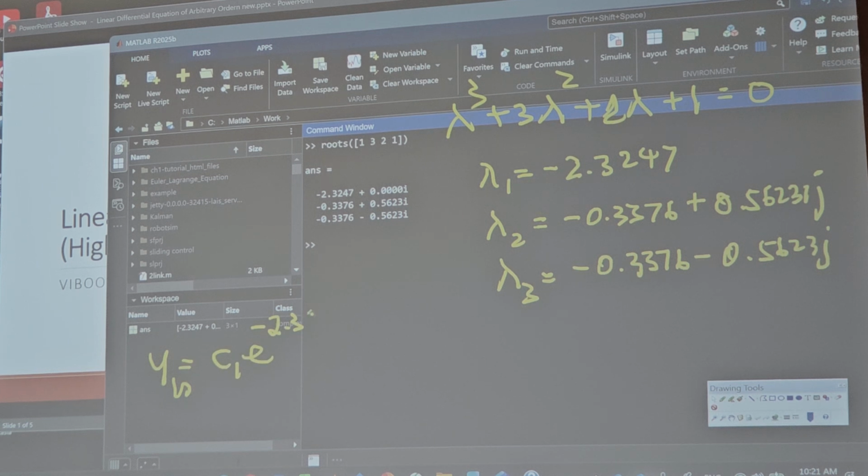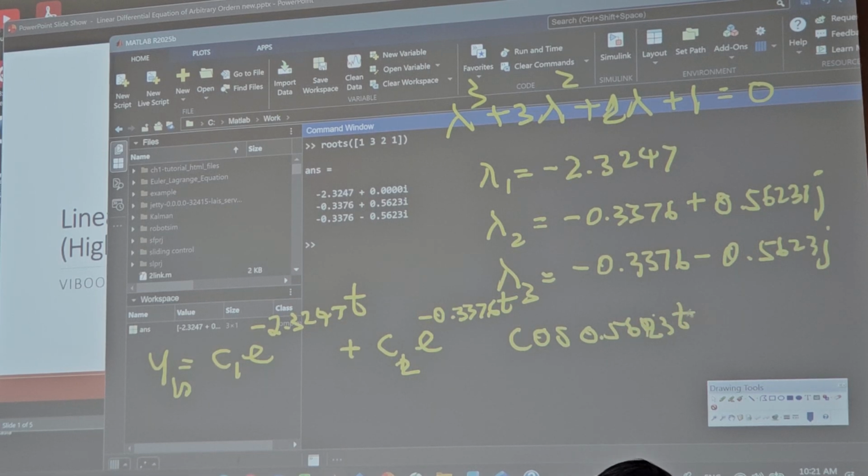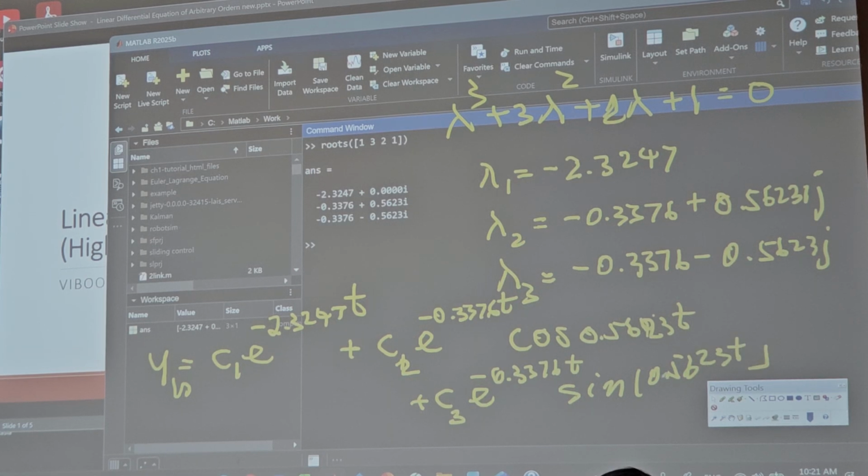So the homogeneous solution in this case will be C1 e to the minus 2.3247 t plus C2 e to the minus 0.3376 t cos of 0.5623 t plus C3 e to the minus 0.3376 t sin of 0.5623 t.